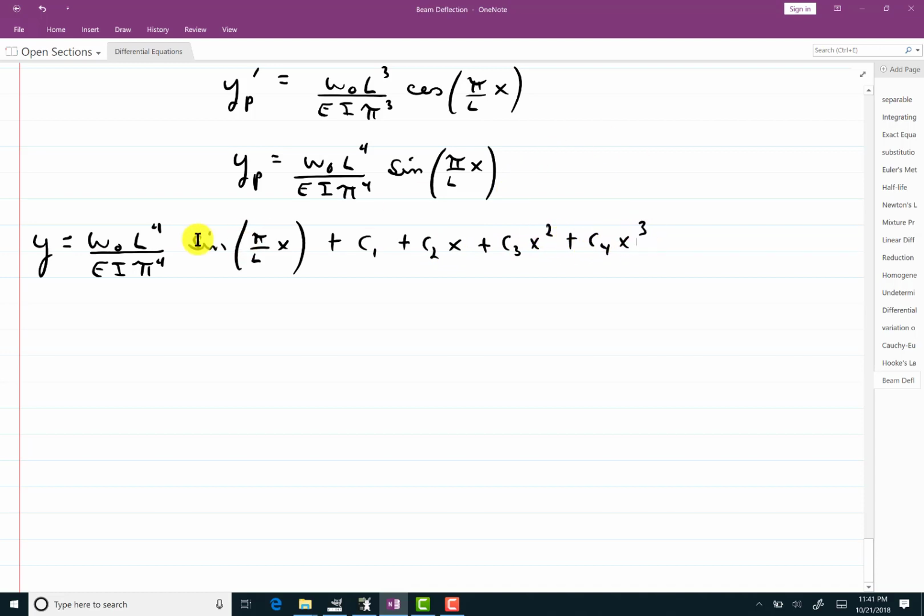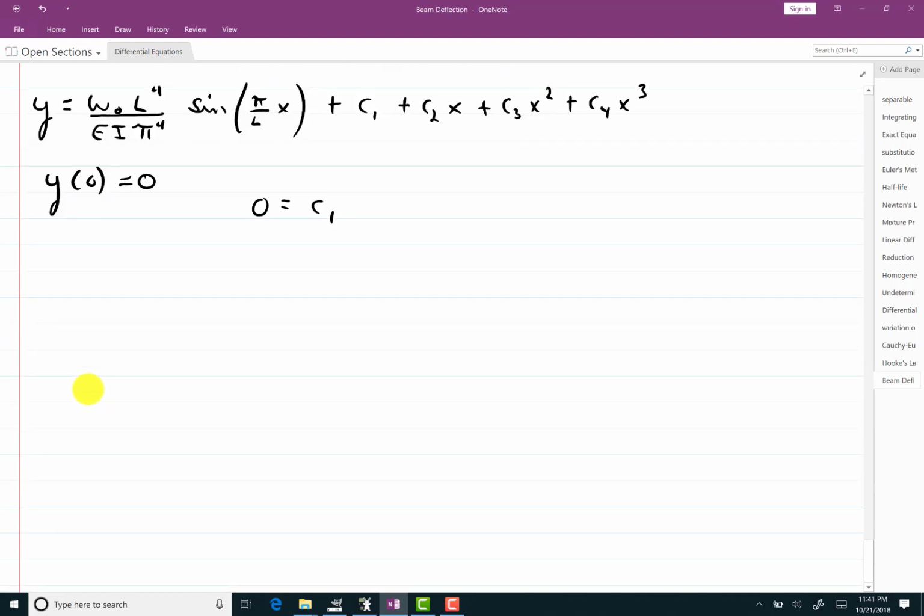And now we're ready to use our boundary conditions. The first one was the best one and simplest one, y of 0 equals 0. When you plug in, sine of 0 is 0, so that's going to wipe everything with an x attached out. The only thing that will be left standing when we replace x with 0 is C1. We'll get 0 equals C1. And so my function is a little bit shorter.